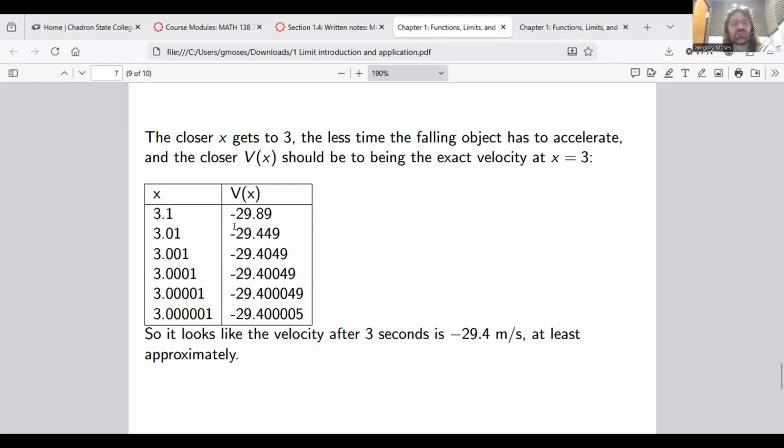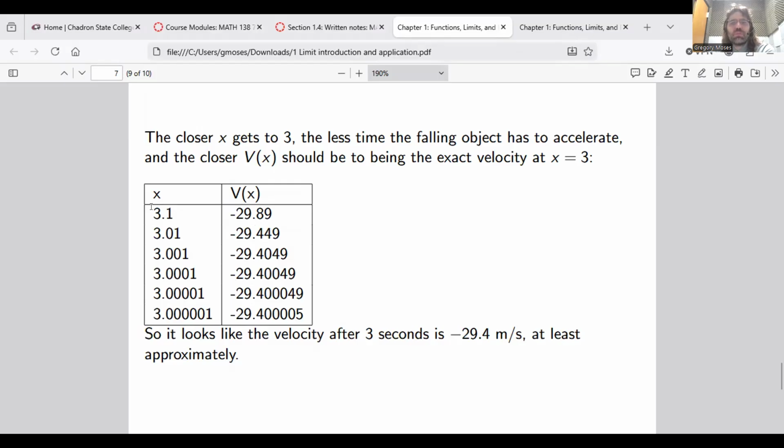The average velocity is now negative 29.449. And the pattern that emerges is that as the number on the left gets closer and closer to 3, the number on the right is getting closer and closer to negative 29.4.